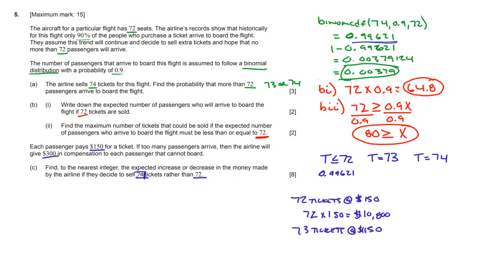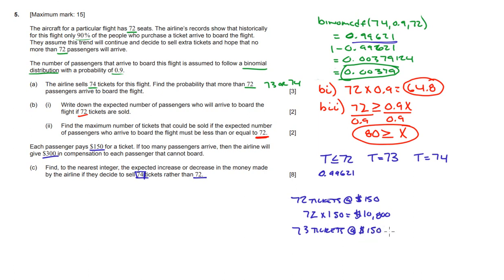So let me back up here a little bit. So this is if we sell 74 tickets, but we end up having 73 people show up. We're going to get our 150. Where's that extra zero coming from? Let's get rid of that. Oh, that was an extra dollar sign. Let's just write it so we can actually read it.